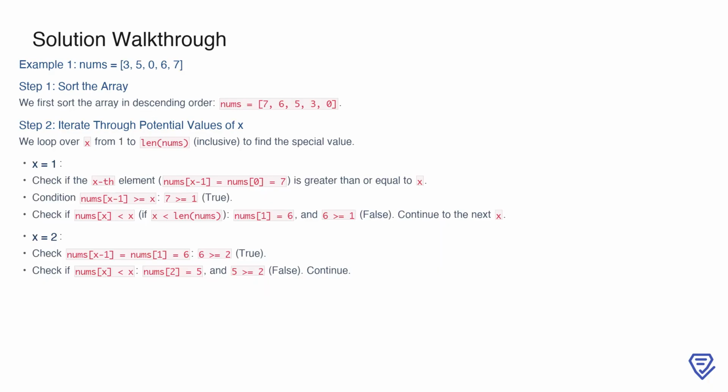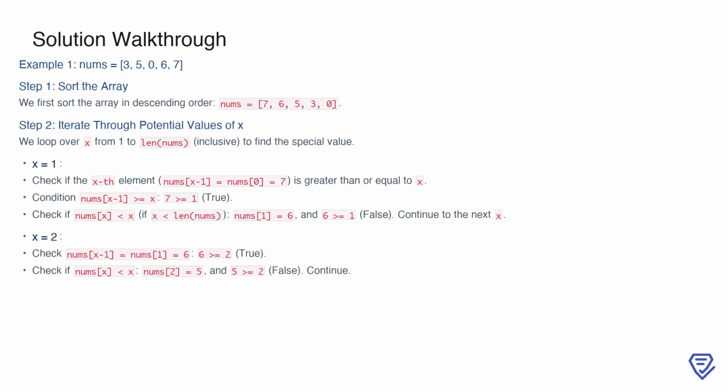In this example, we start with the array nums equals 3, 5, 0, 6, 7. The first step is to sort the array in descending order, which gives us nums equals 7, 6, 5, 3, 0. Next, we iterate through potential values of x, checking if x could be the special value. For x equals 1, we examine whether the first element, nums[0] equals 7, is greater than or equal to x.